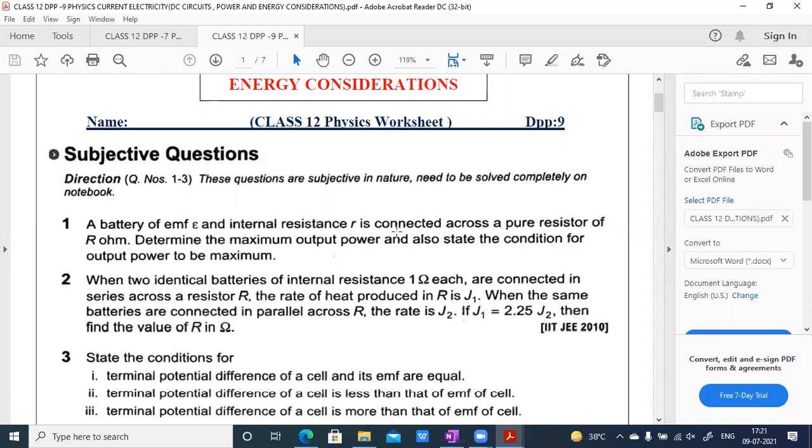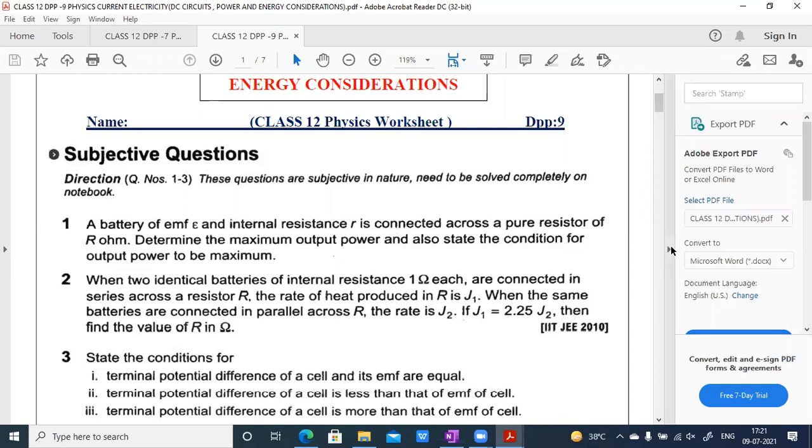When two identical batteries of internal resistance 1 ohm are connected in series across the resistance R, the rate of heat produced in R is J1. When the same batteries are connected in parallel, पहले केस में दो बैटरीज को हमने सीरीज में कनेक्ट किया.